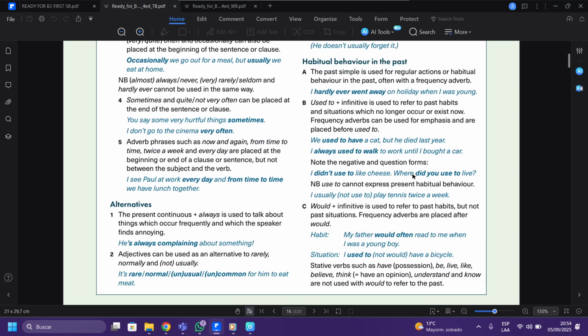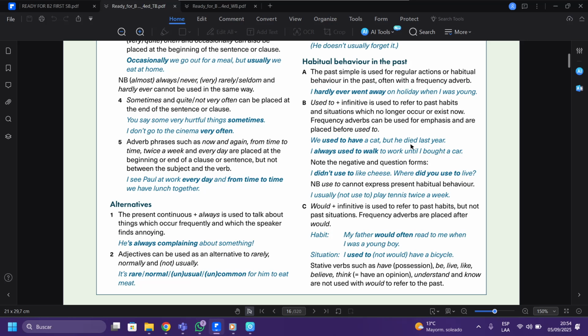But then let's go over the habitual behavior in the past. Yes, this is so important, because the past simple is just for regular actions or habitual behavior in the past, often with a frequency adverb. I hardly ever went away on holiday when I was young. Yes, we use it like this.